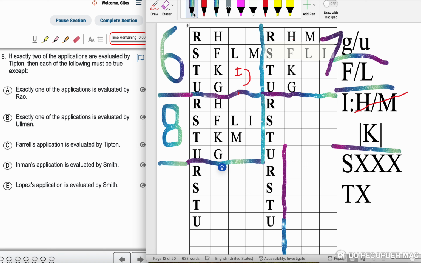So I'm going to be using the game boards where T has exactly two pieces, and that's going to be here. That's also going to be here. And if we really wanted to, for emergency's sake, F and L have to be together.